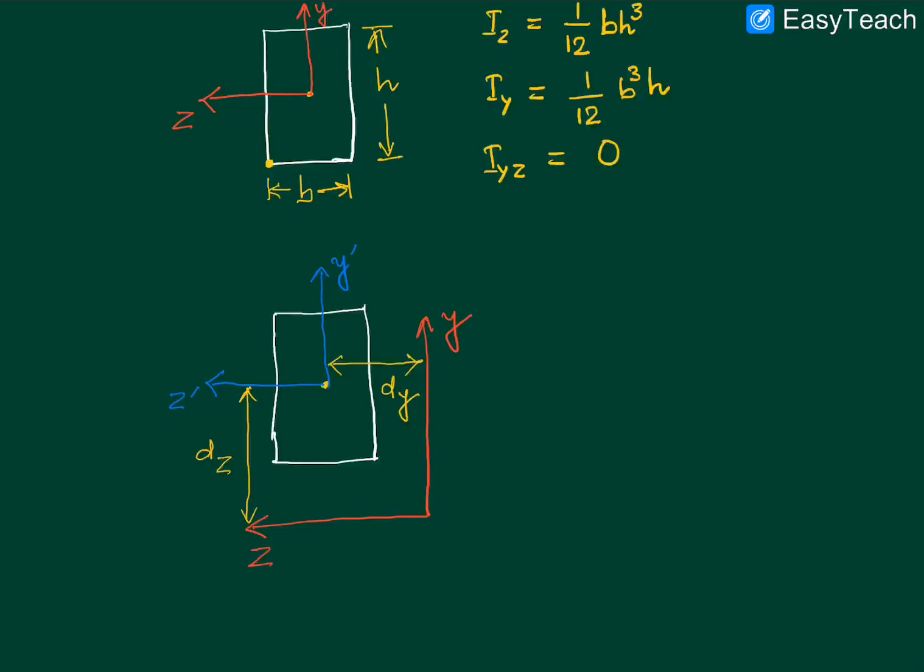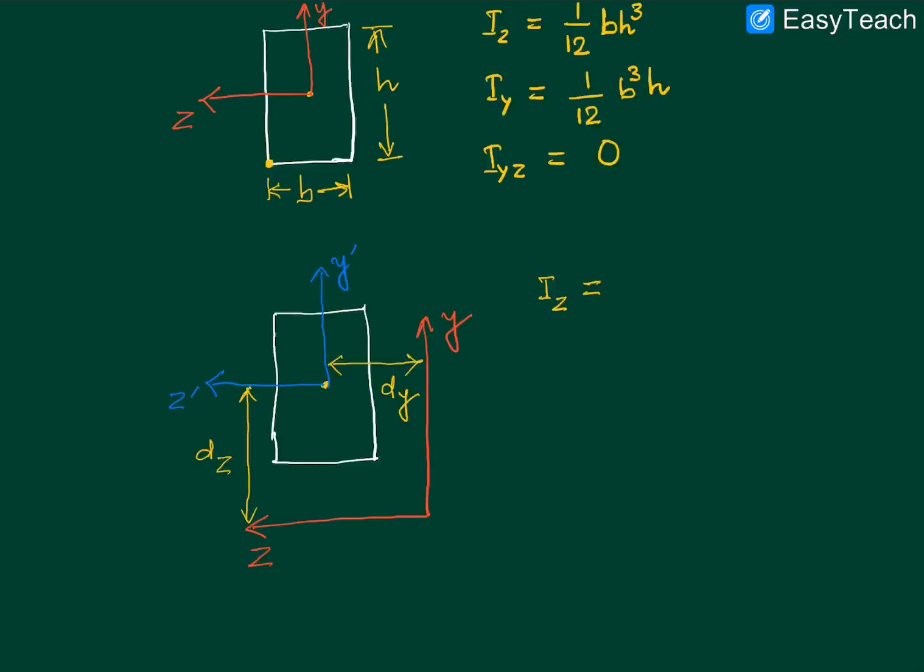So in this situation, our Iz will basically be formed from a contribution by considering the centroidal axis as well as the actual axis that has been given to us.